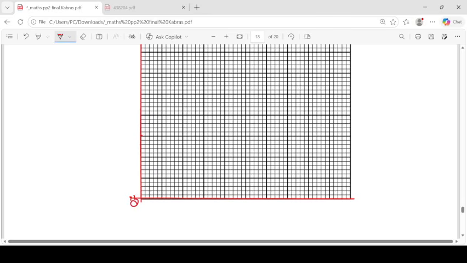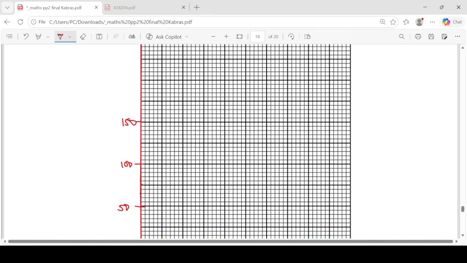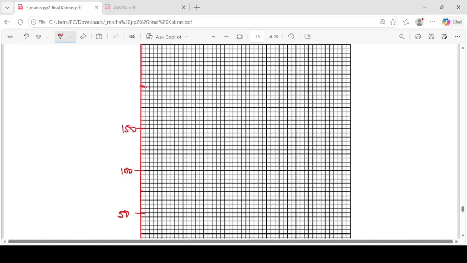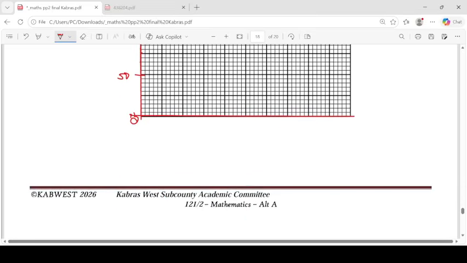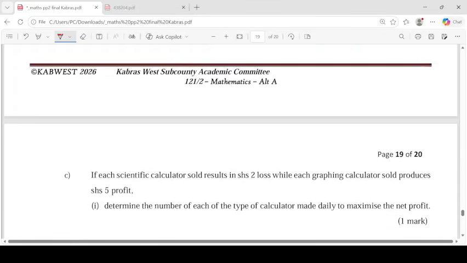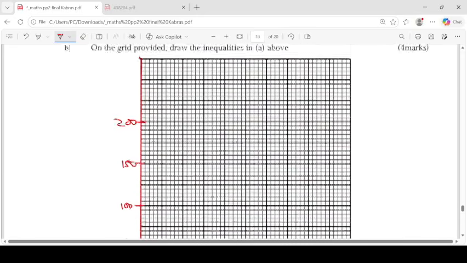Can have here 50, 100, 150 here, maybe 200. On the x-axis also the same. This can be 50, 100, 150, 200.